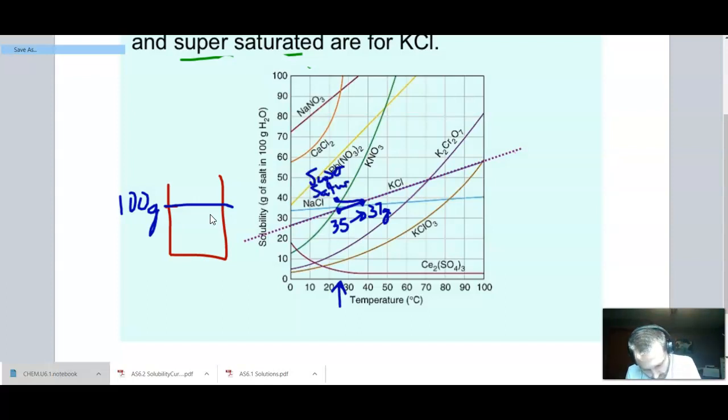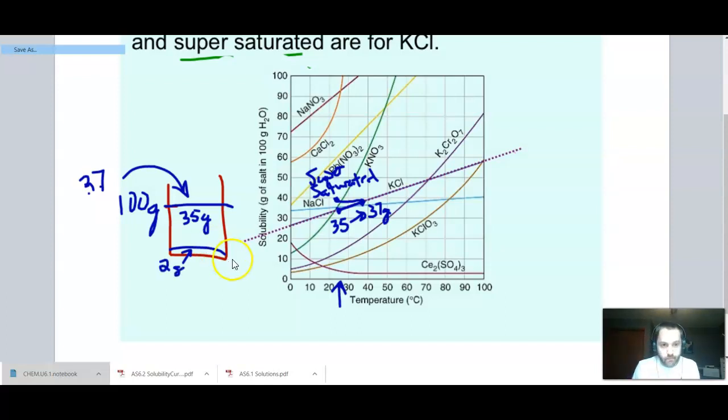And I'm sure that was a little bit quick of an explanation, so I might try and include another one or link another video. But just know, if I poured 37 in there, I would end up with 35 dissolved within the solution, and then 2 grams would go towards the bottom.